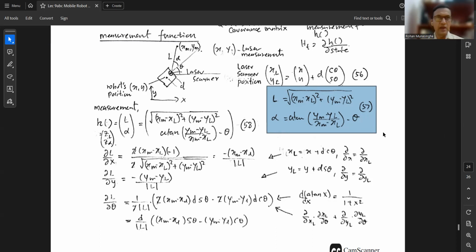Of course, the previous alpha and this alpha should be different. So therefore, I think I have to edit this again. I will put a little subscript here, alpha m, to say that this is the angle of the marker. Okay, alpha m. So this is not the previous alpha.